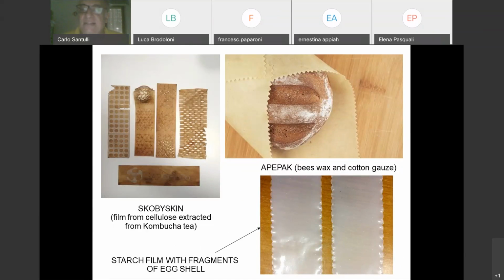For example, for packaging, there is a lot of research on sustainable materials. This is Upper Pack. It's with bees. It's an Italian licensed product made of beeswax and cotton gauze. Cotton gauze is a newer product in a sense. Cotton was developed from the 19th century on.